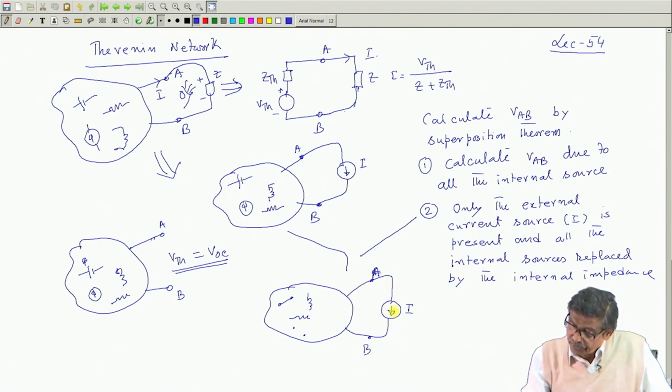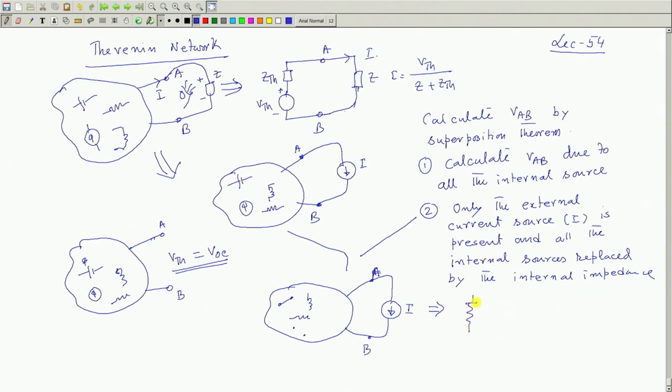Now, here is a current source which enters here and comes out through A. There are no sources now, therefore between A and B this network will have some equivalent impedance. So between A and B, this is nothing but the equivalent impedance of the network across A B, and here is the current source.